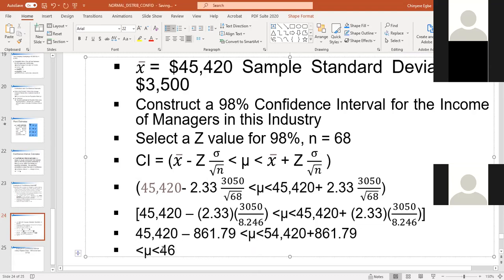For the 6281.79 comes on that side. It's 44,558.